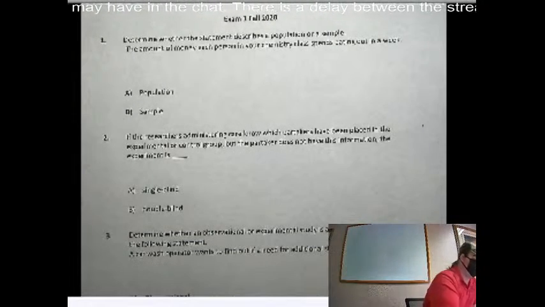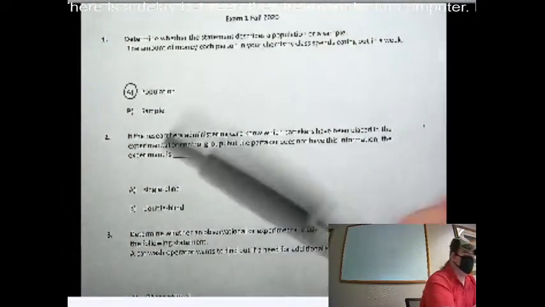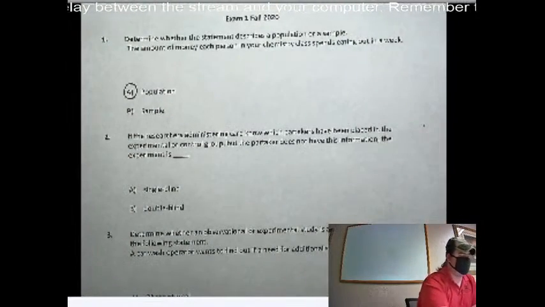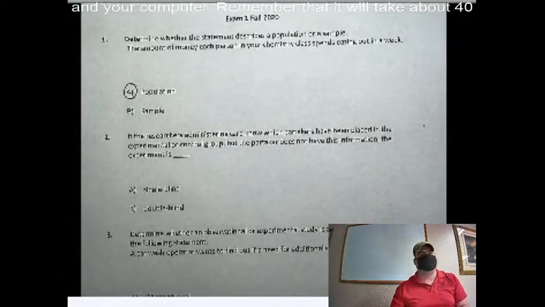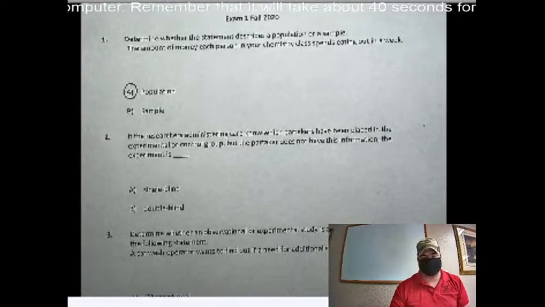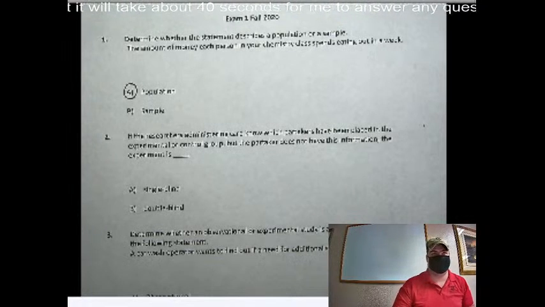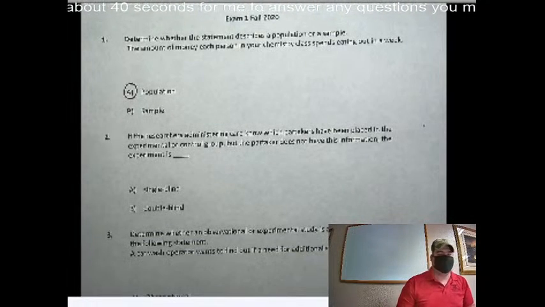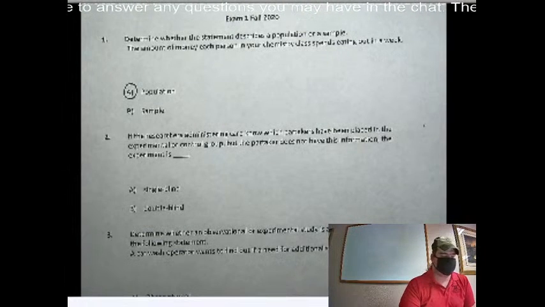Population, yeah. It's not defining this as a sample because that would have to be a part of the chemistry class. This just says the chemistry class, so that would be the entire thing. That'd be a population. Good.